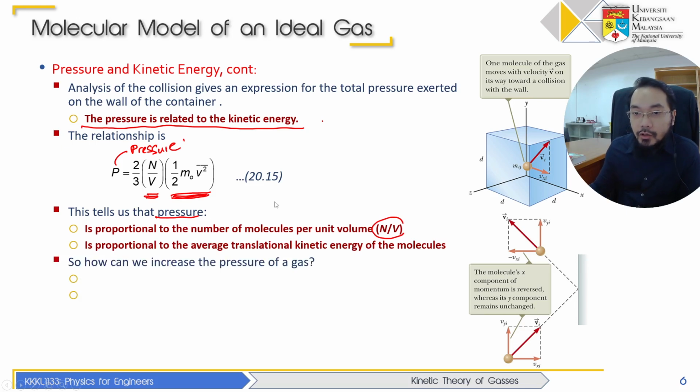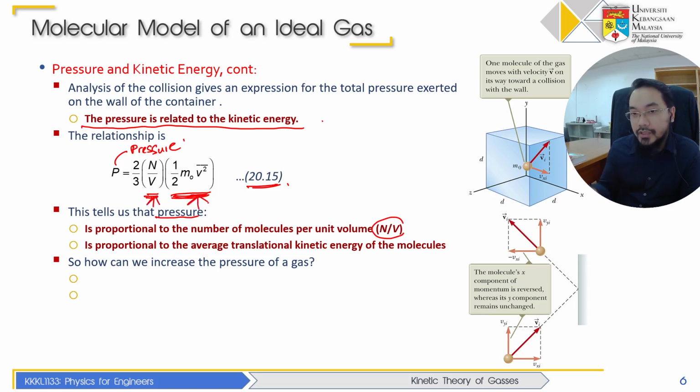All right. So knowing that, I want to ask you a question. How can we increase the pressure of a gas? Or how can the pressure of a gas be increased? The answer to that question relates back to the equation relating pressure. But in this case, you also need to look at what other properties are determined by these two terms here, but are not inside here.